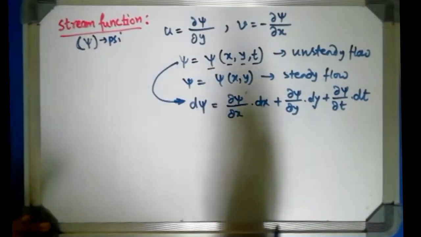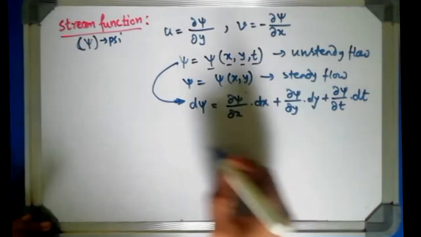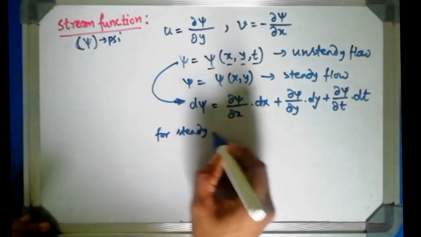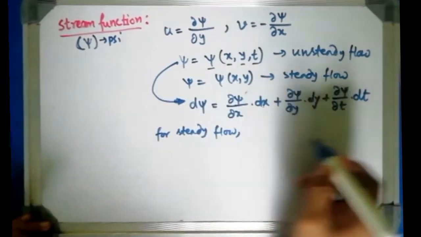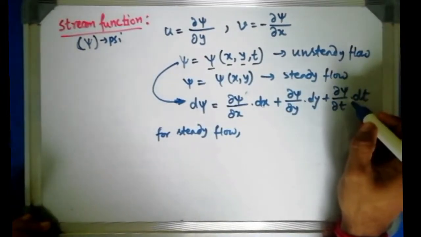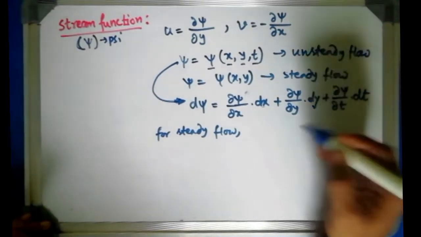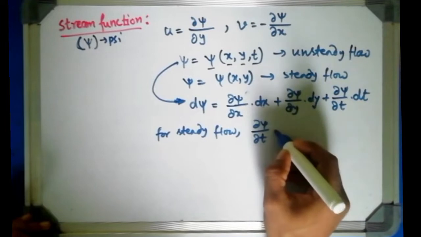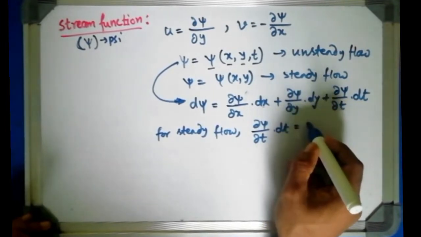Okay, now for steady flow, obviously the time derivative will be 0. That means for steady flow, del psi del t into dt will be 0.